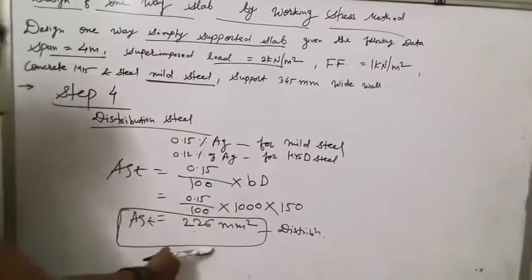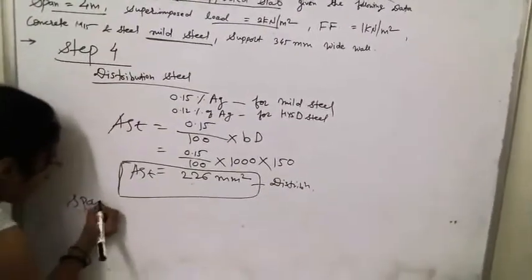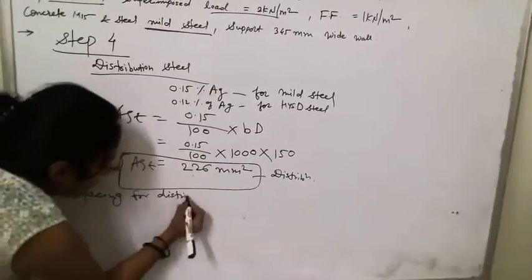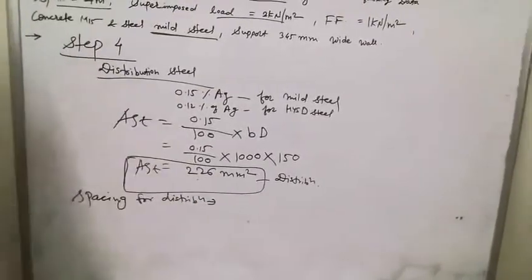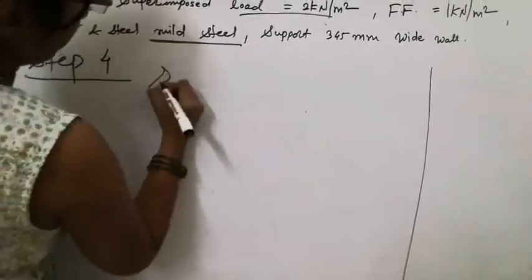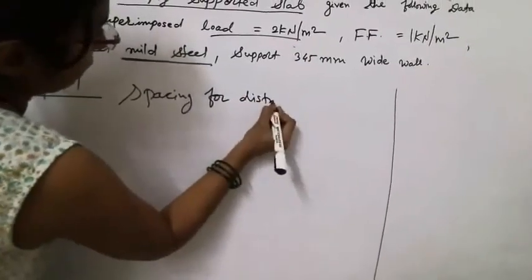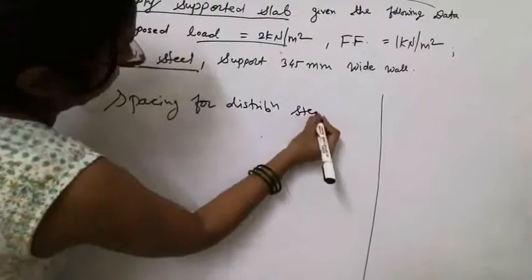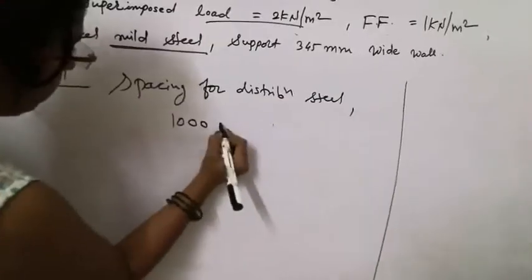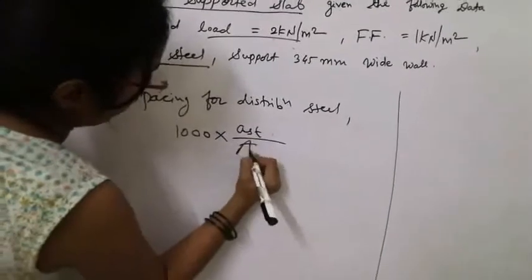Now, next one is spacing for distribution steel. 1000 into small AST by capital AST.